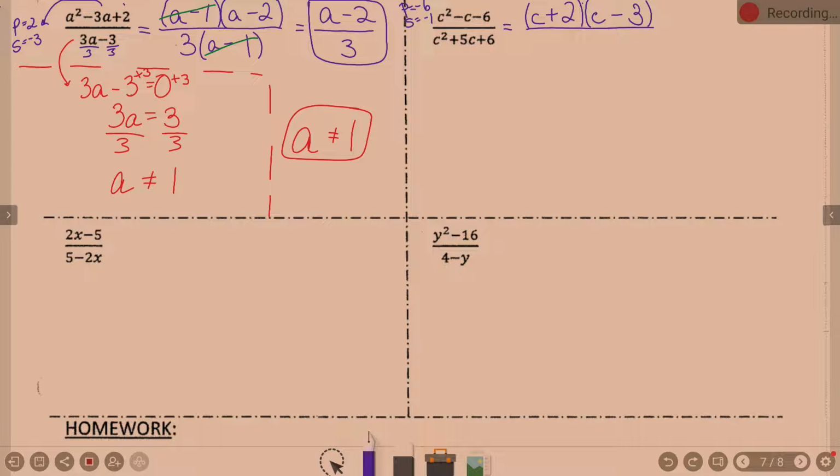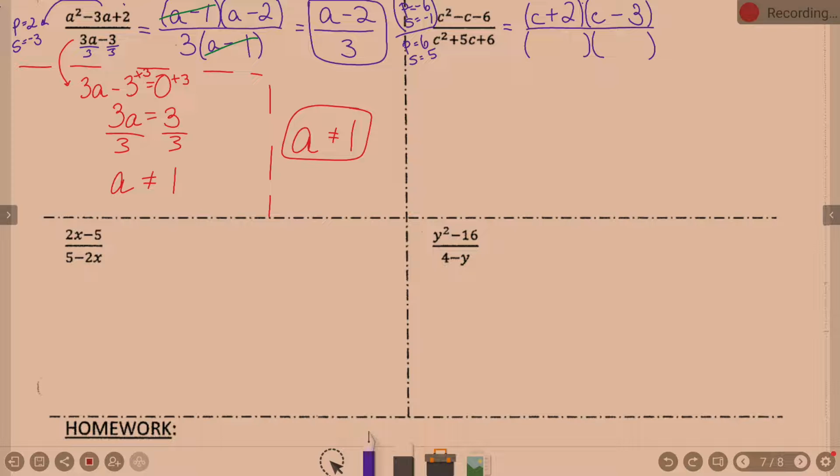Okay. Denominator. Same thing, parentheses, just different values. So this time we're going to do a product of 6, but a sum of 5. Now it's 1 and 6.